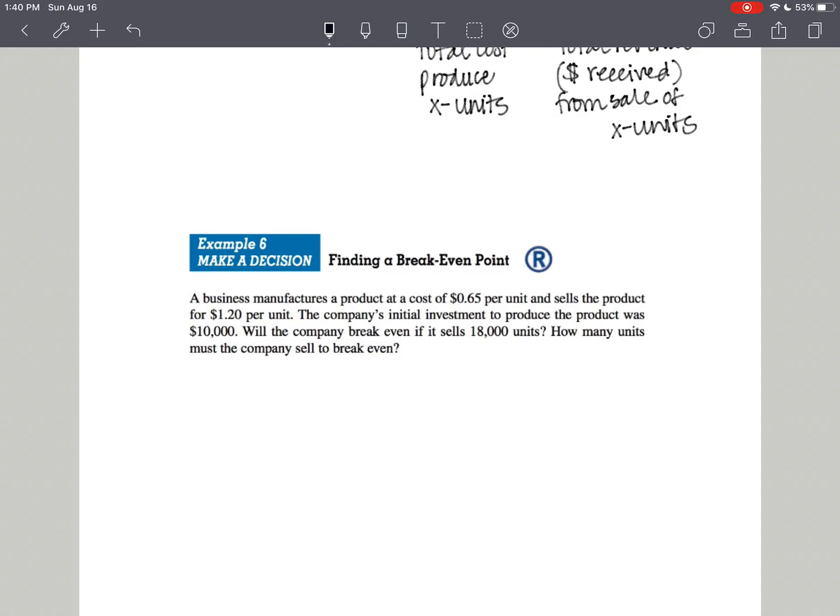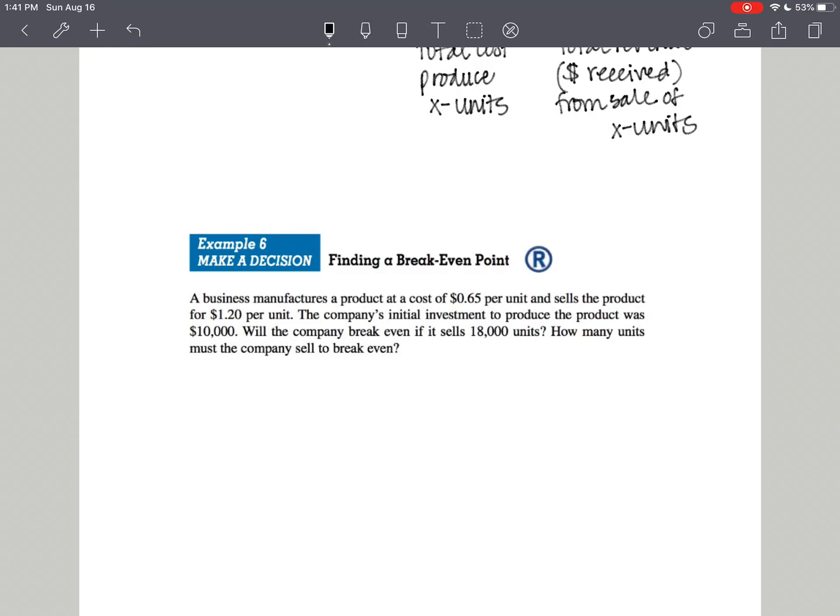However, not only did they have to buy the supplies, but they had to purchase maybe the equipment. So if I wanted to make face masks, let's just say, I might need to invest in a sewing machine. So if I pay $300 for a sewing machine, that's the same thing as this company's initial investment of $10,000 so that they could produce their product. Will the company break even if it sells 18,000 units?